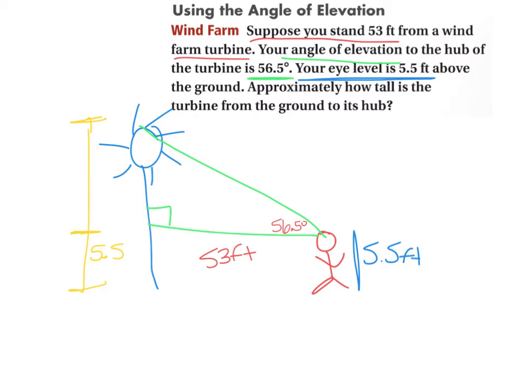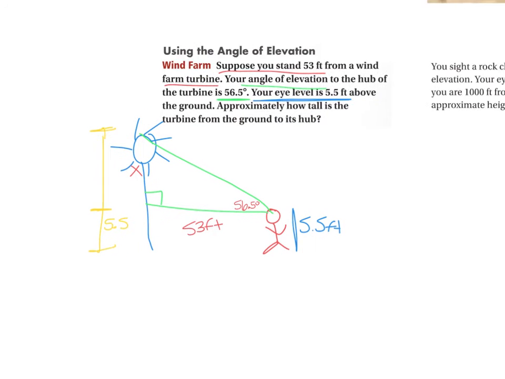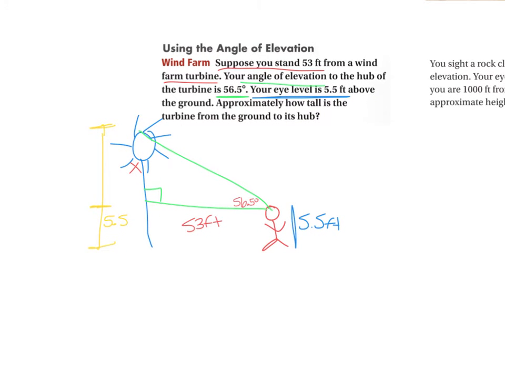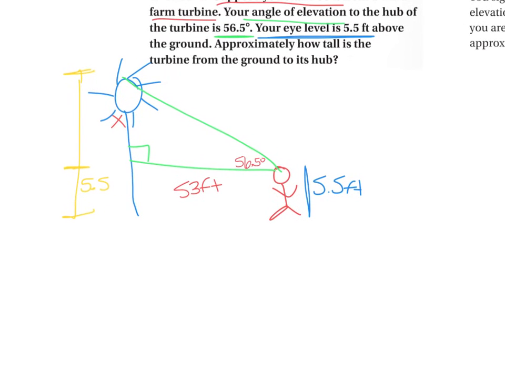We need to keep that in mind. What we're missing is this part right here, which is the x. It's the side opposite of the angle. Do we have a function for that? We're trying to find the opposite side and we have the adjacent side. Which trig function are we going to use?